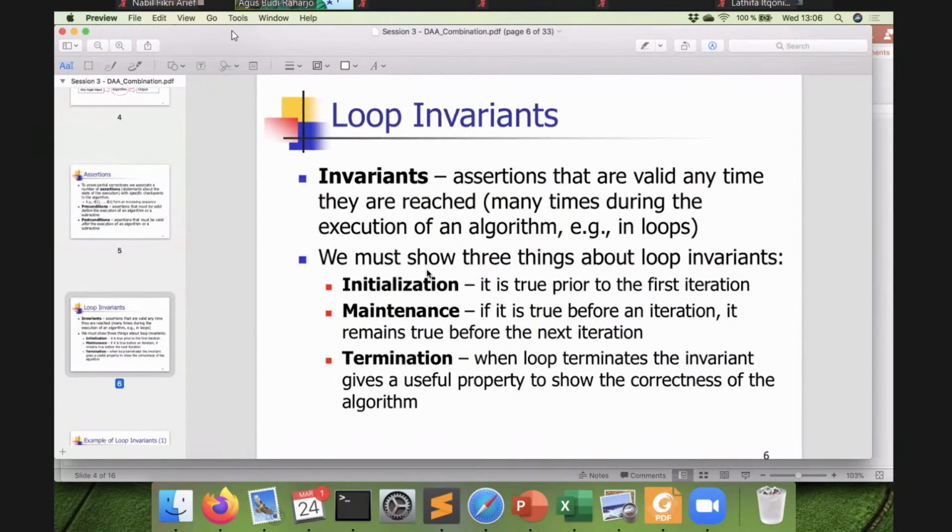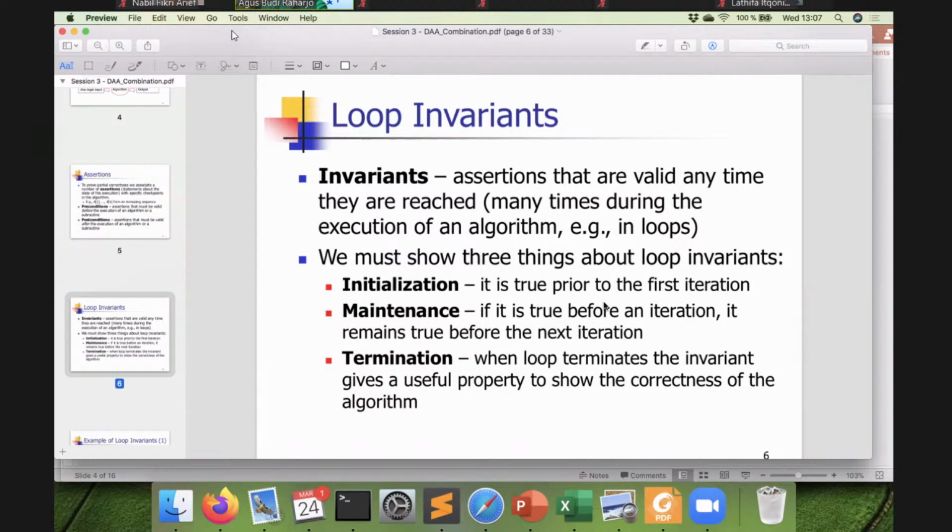And then we have already discussed this one also, loop invariants. What are invariants? Assertions that are valid anytime they are reached. So last week and the week before, I explained initialization, maintenance, and termination as the checkpoints to make sure that your program runs correctly and reaches the desired output.